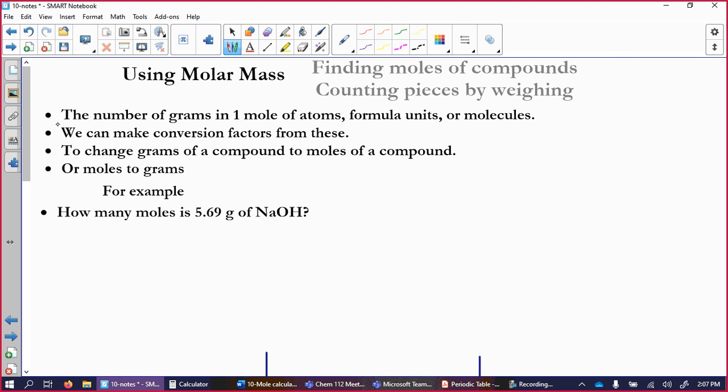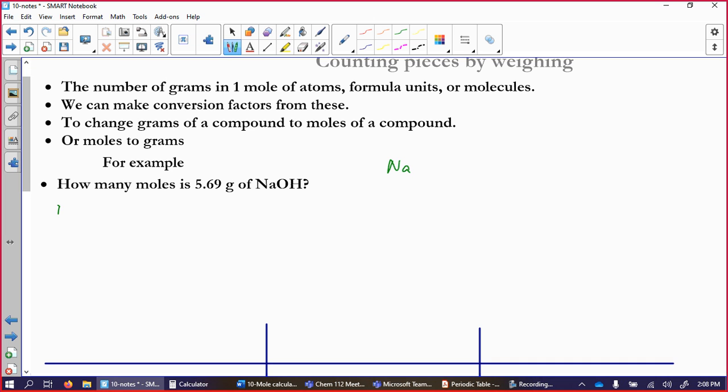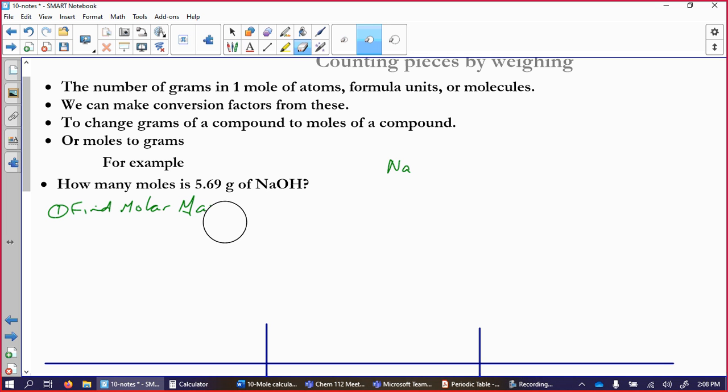So molar mass to find moles. The same idea: a mole of an element weighs a particular mass, and we talked about molar mass, which is the mass of a mole of, in this case, sodium hydroxide. We use the molar mass to do our mole conversion. So the first thing we need to do is find the molar mass.